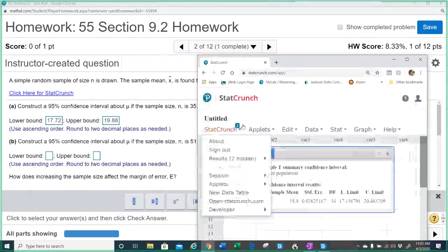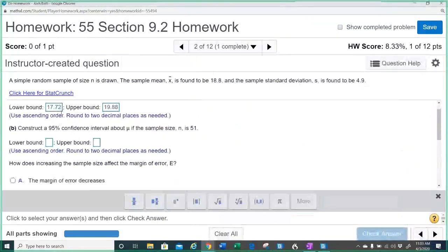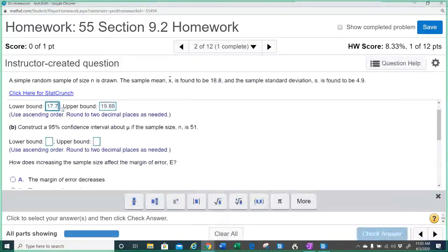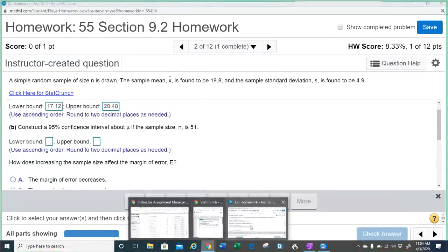I don't think I changed that. So we get, jot this down, 17.12 and 20.48.